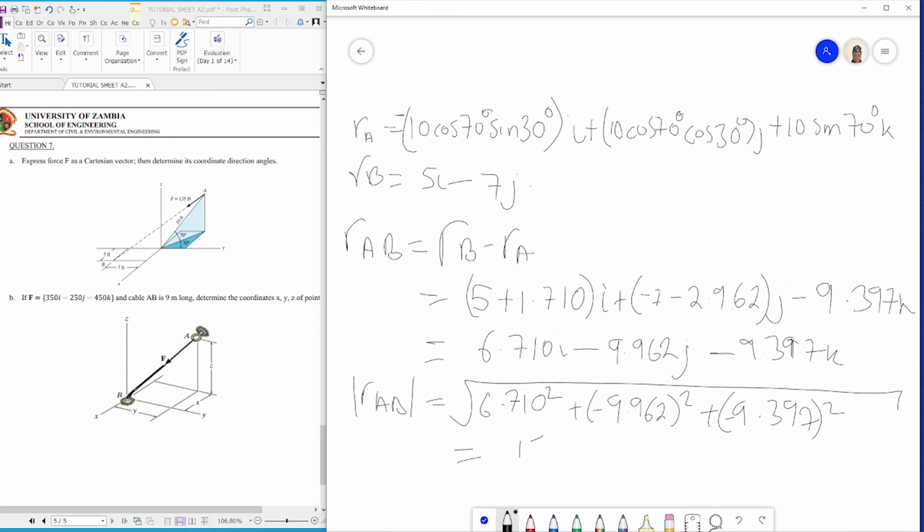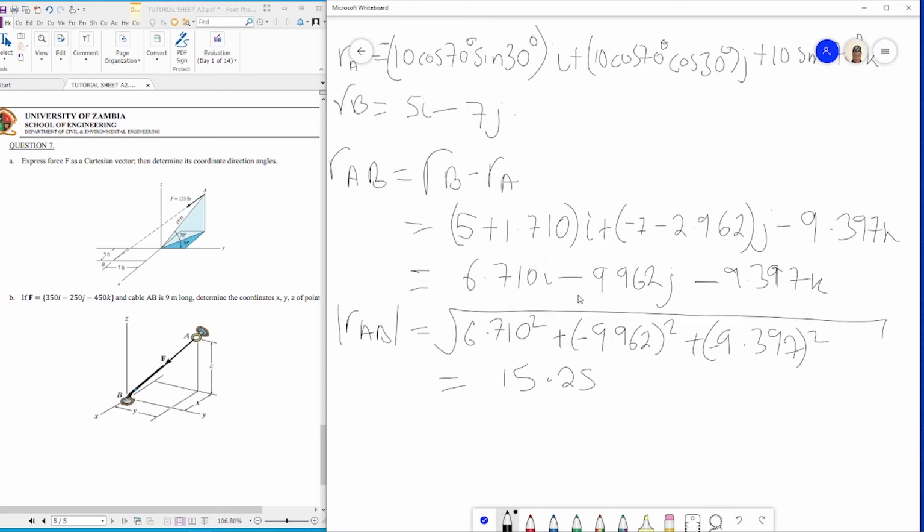Calculating this, it's coming to 15.25. With this in mind, we can get our unit vector.